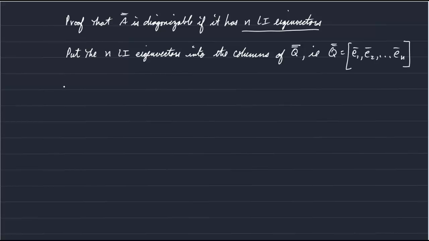So let's multiply A times Q, and when we do so, we see that A is multiplied by each of the columns of Q, which are the eigenvectors, and that forms a new matrix with the columns being the product of A with each eigenvector.